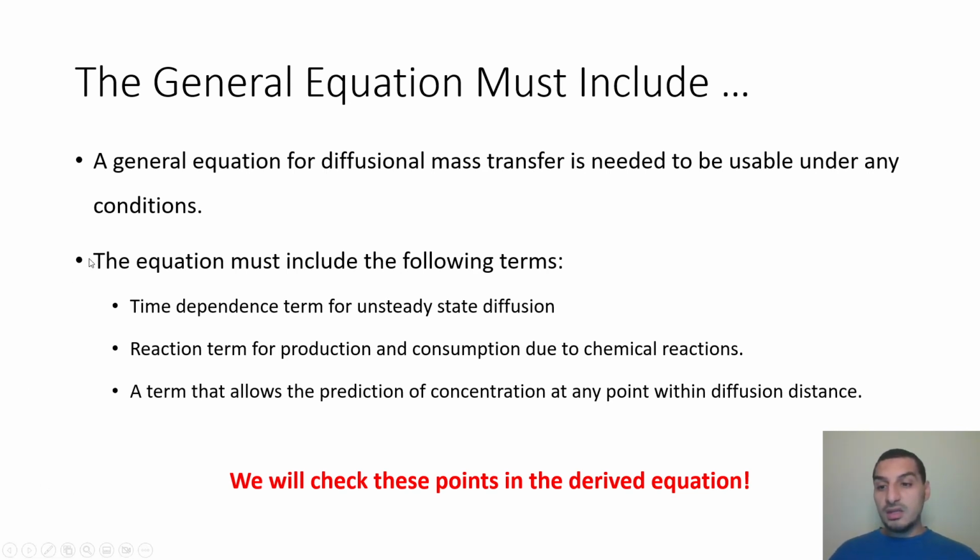So we had three points, and we said that these three points are important, and the equation must fulfill these three criteria. The first was the time dependence, and we already have the time dependence term, which is the second term of the equation, and the second is the reaction term for production and consumption, and we do have this term as well in the equation.